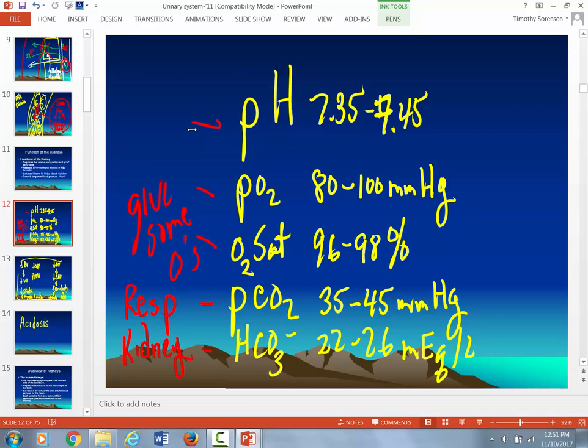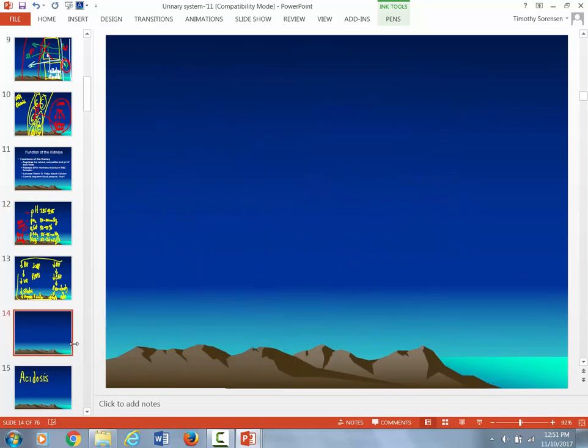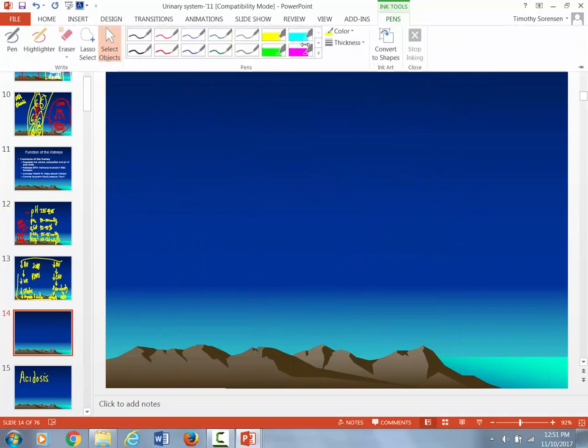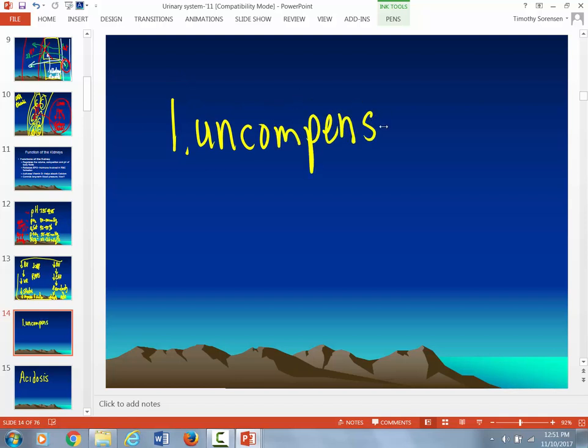So when you talk about interpreting blood gases, they really come in 3 flavors. Flavor number 1 is what's called uncompensated. I'll give you examples.